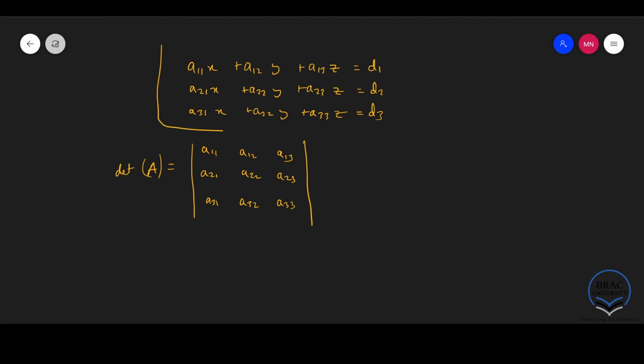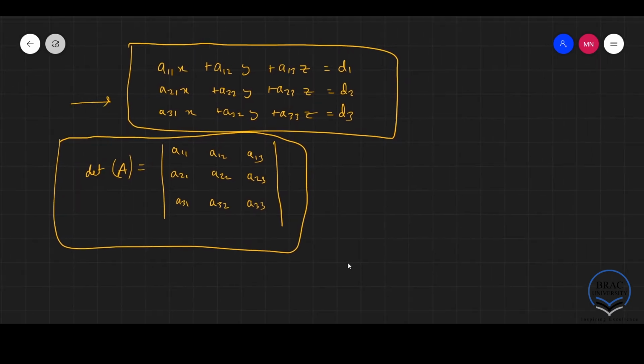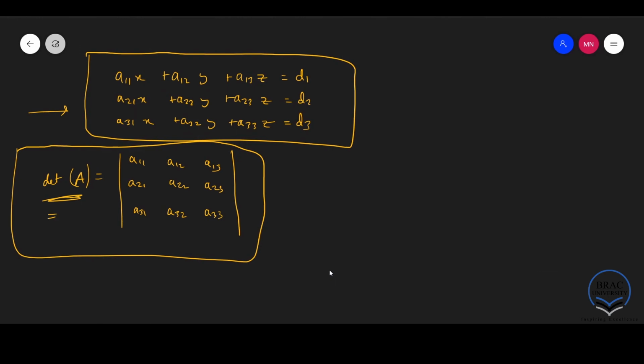So we started off with this system of linear equations. And as you can see here, this is just the determinant of the coefficient matrix that I get from this system. Now that we know how to evaluate the determinant of a 3 by 3 matrix, we can apply Cramer's rule to solve such a system, given that this determinant is not equal to 0, right? So we can also represent this system of linear equations as the coefficient matrix A multiplied by this column vector in 3 dimensions, and this will be equal to D1, D2, D3.